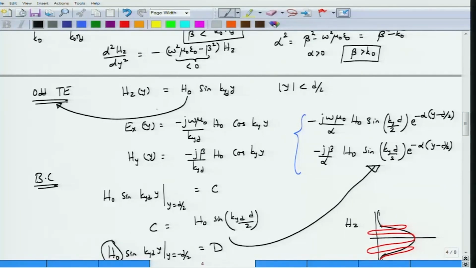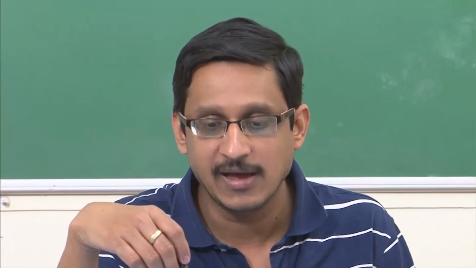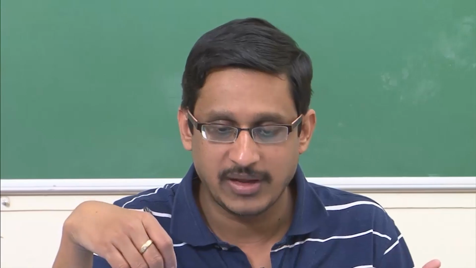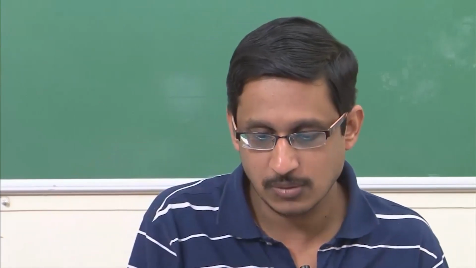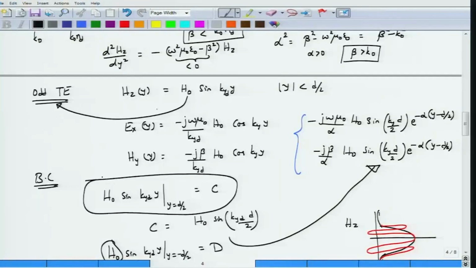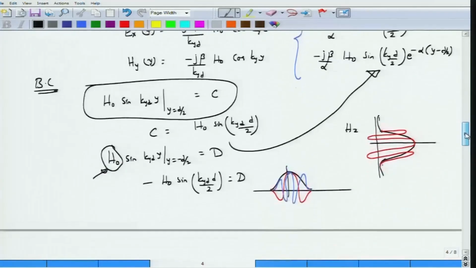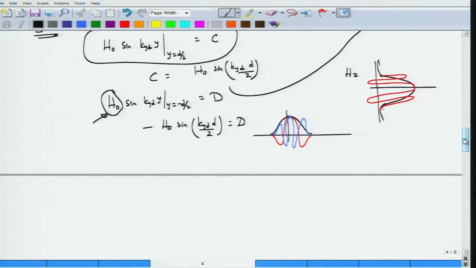So for the solution for even TE, there is no problem. Instead of sin ky_d y, you will write this as cos ky_d y, and then you would simply continue applying the appropriate boundary condition. The crucial point here is that Hz was not equal to 0, but the tangential Hz was simply continuous. You do the analysis for TM waves, and I will leave that as an exercise for you.